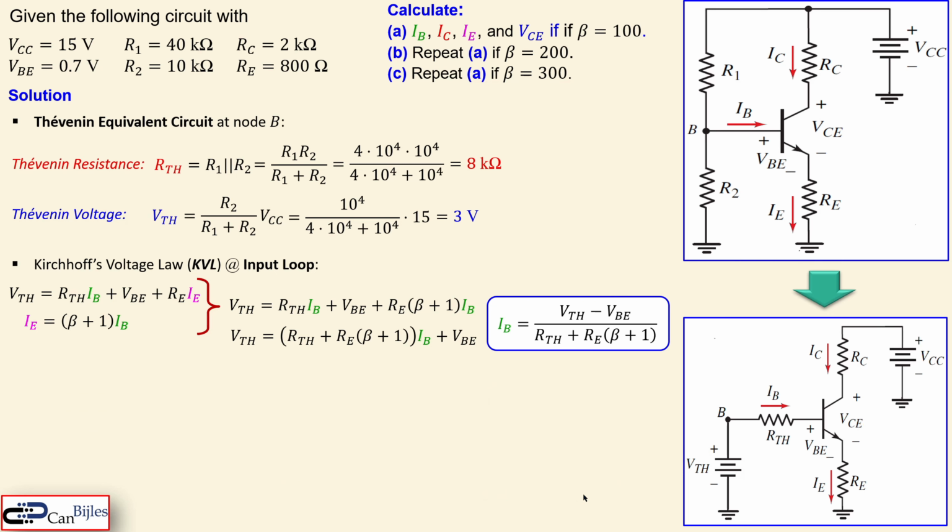Now, going to question C, but the beta is now 300. Again, the same equation, but just beta is changed. Everything is exactly the same as before. So we get this, and now it will be 9.24 microamps.